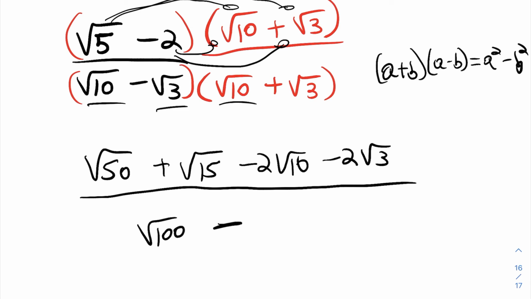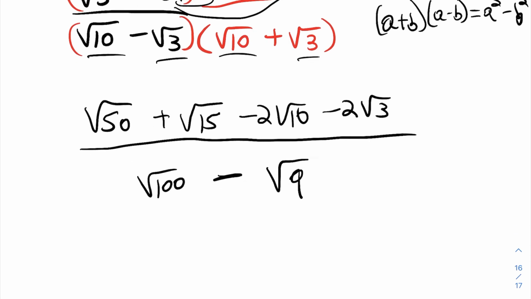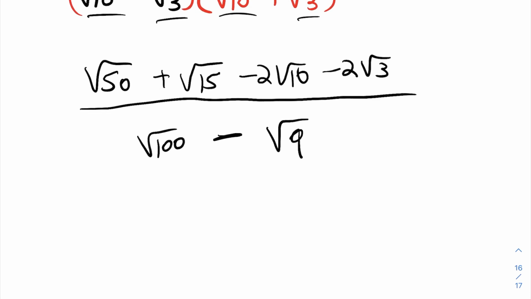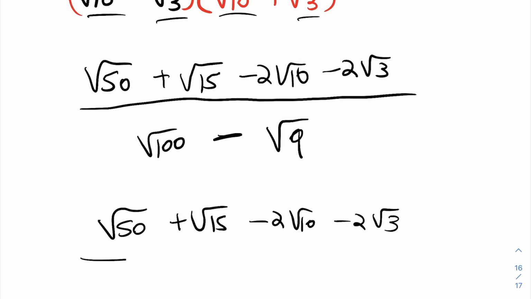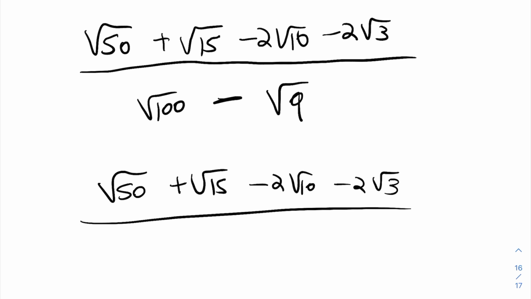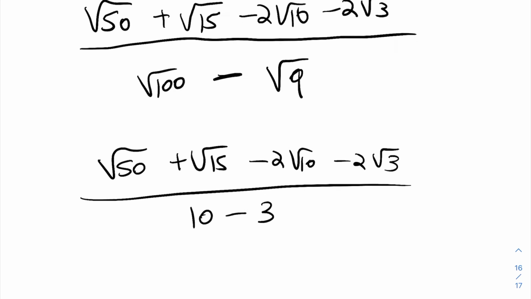Minus the square of that, which is the square root of 9. So this turns out to be the square root of 50 plus the square root of 15 minus 2 square roots of 10 minus 2 square roots of 3 over 10 minus 3.